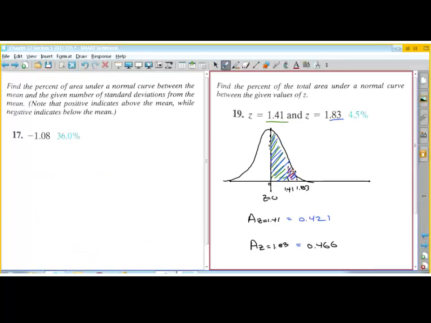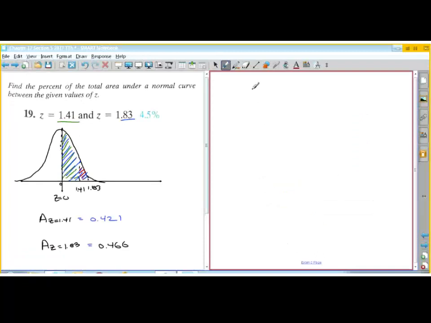So it's 0.466. Because I'm looking for the red area, I'm going to subtract the green area from the blue area. So if I take the difference in those two values, you're like, which one do I subtract? Well, it doesn't really matter because you always have to end up with a positive area, so it's the one that gives you the positive value.